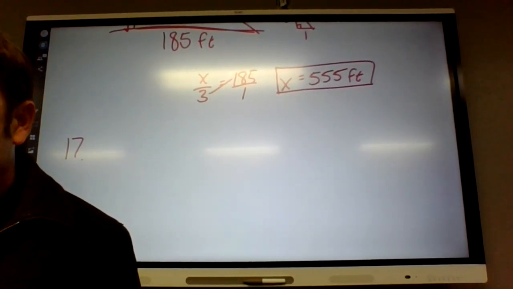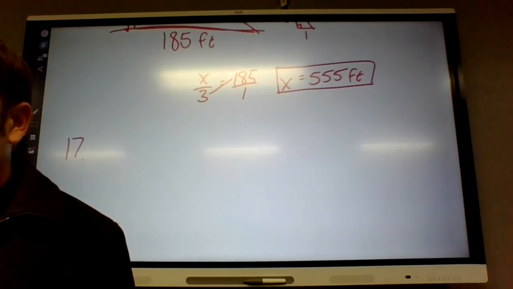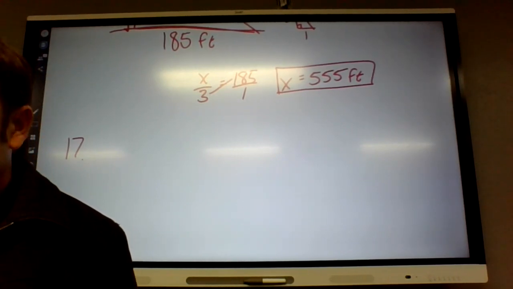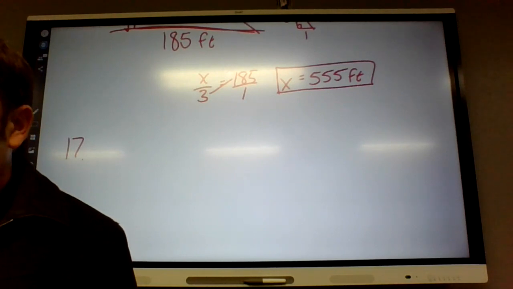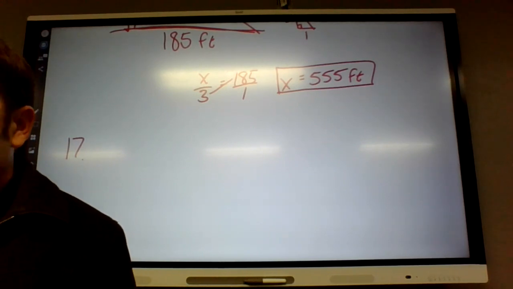Okay, number 16. You're supposed to find the length across the pond. So what ratios could you use for 16? Slightly tricky, not too bad though. The x would go on the line across the pond. It's times 5. Okay, what's the ratio you could use? 10 to 5. 10 to 24.